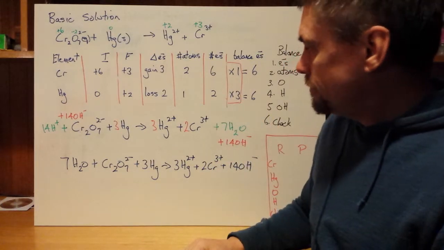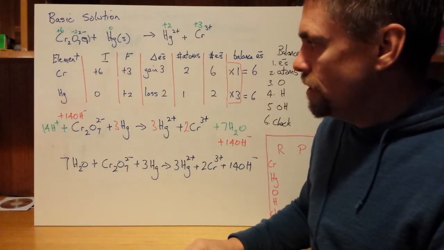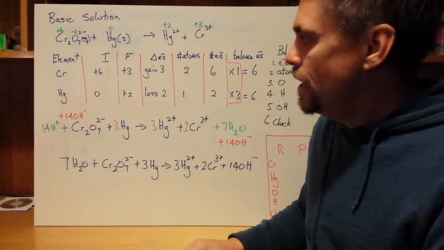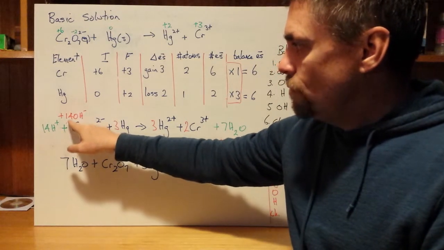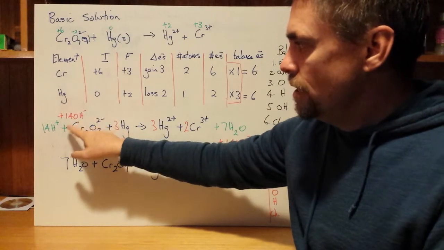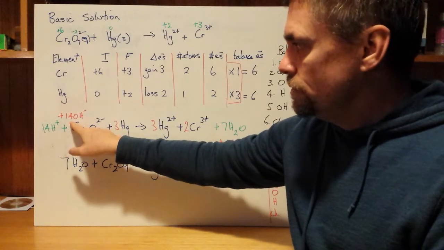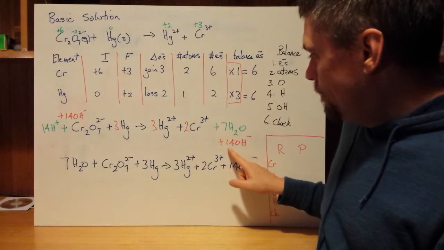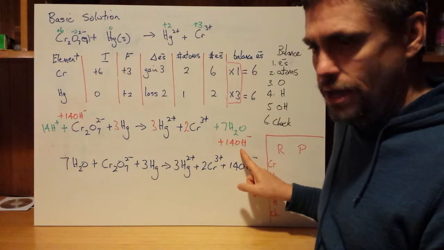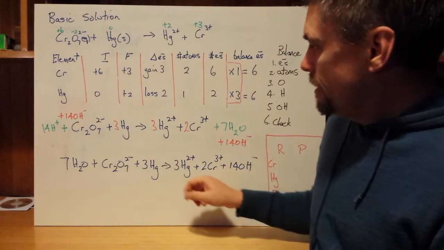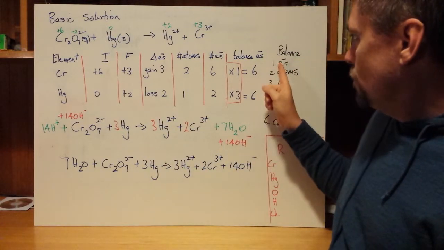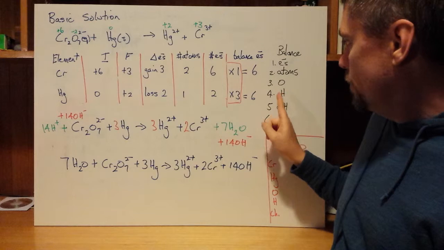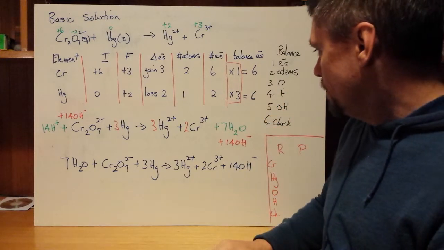Fifth step. Now remember, with our hydroxide ions we need to add them to both sides. To balance the 14 hydrogen ions we need to add 14 hydroxide ions, which will give us 14 water molecules, but we also need to add 14 hydroxide ions on the right hand side. So if we now move down we can get our final reaction. We've balanced for electrons, atoms, oxygen, hydrogen, hydroxide ions.